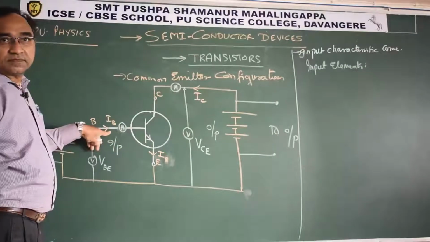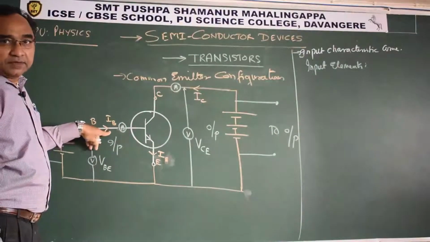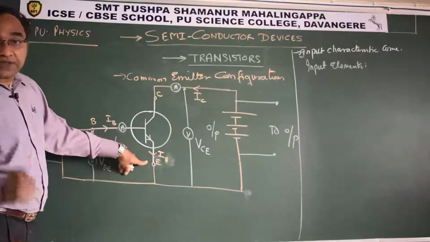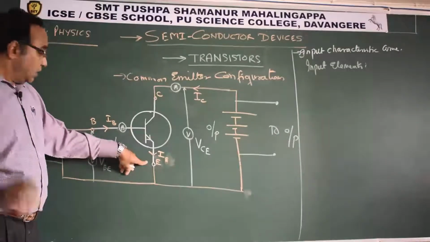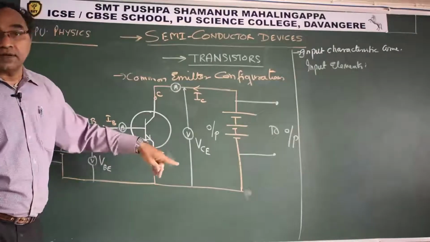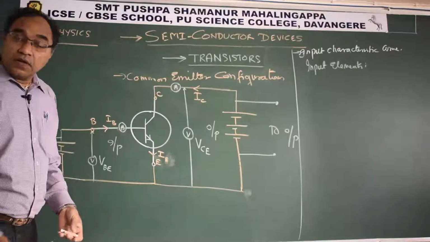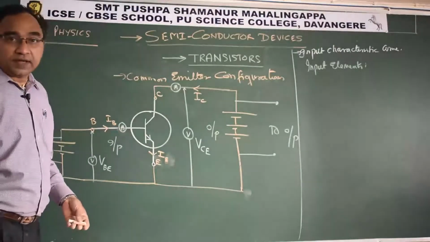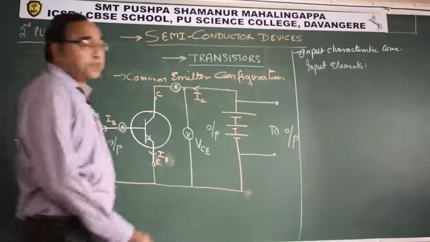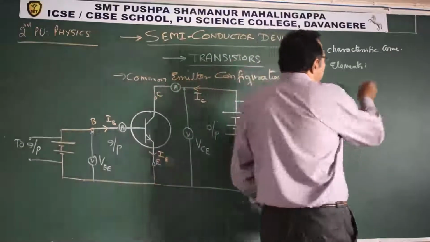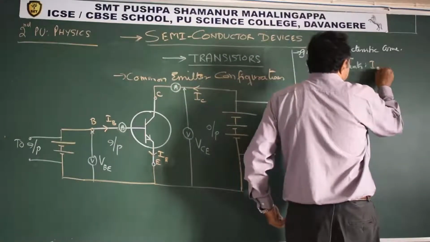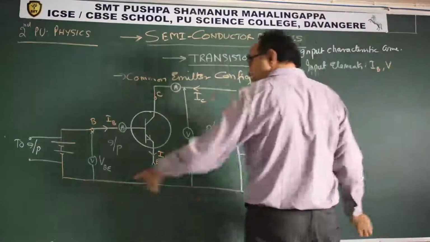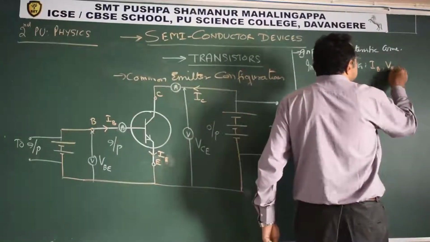IB, isn't it? You cannot take IE as the input current. IE is the common terminal. How can you take it as input? It's common. IB is your input. So the input elements are IB and VBE.